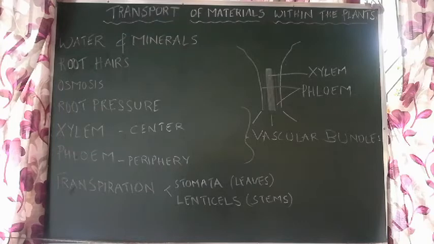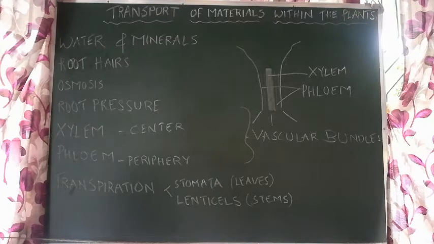And phloem is present in the periphery. Surrounding the xylem there are phloem bundles, phloem vessels. The food which is prepared in the leaves gets transported through this vascular bundle called phloem. Now, in the roots of plants there are fine hair-like structures called root hairs.